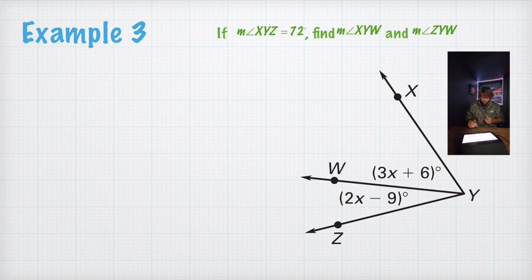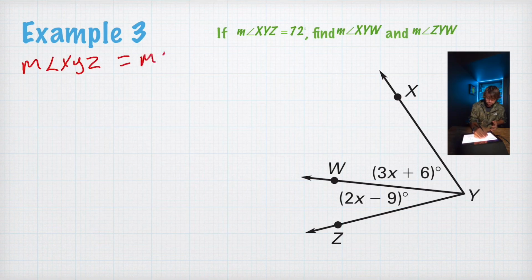And to do that, we can actually set up our equation. So let's go ahead and set up the measure of angle XYZ, and we're going to use the postulate we just learned, equals the measure of XYW plus the measure of angle ZYW.